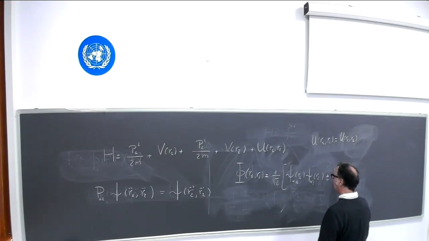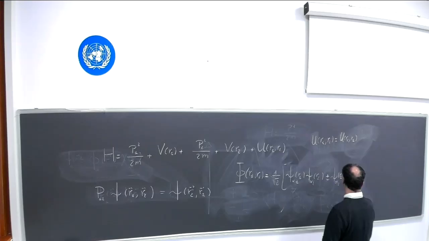I think it's 1 over square root of 2 times the bracket: psi alpha 1 of R1, psi alpha 2 of R2, plus or minus the reversed one, psi alpha 2 of R1, psi alpha 1 of R2.